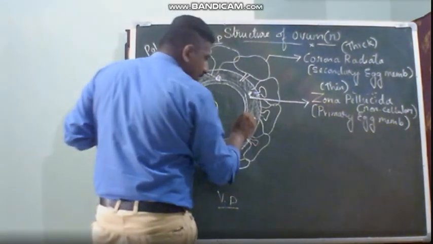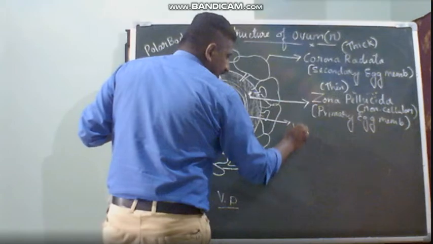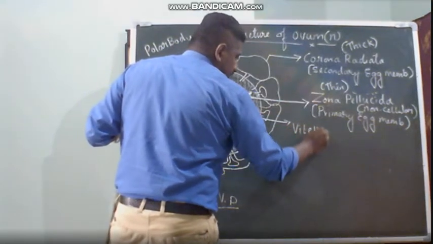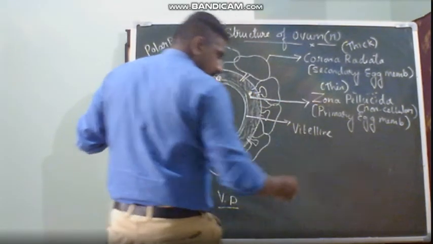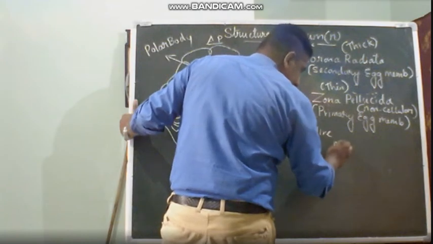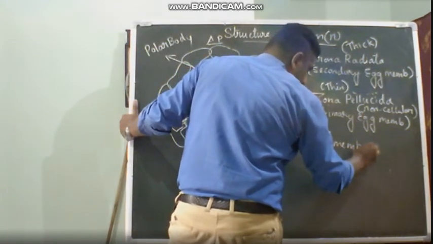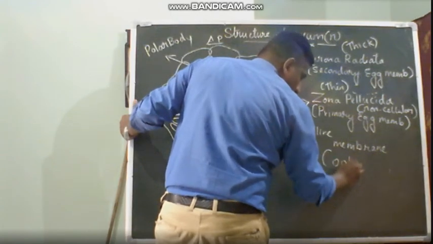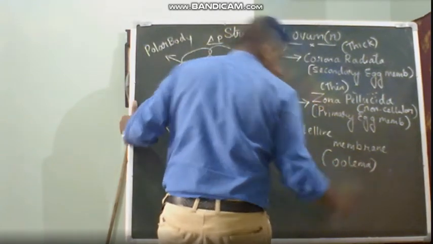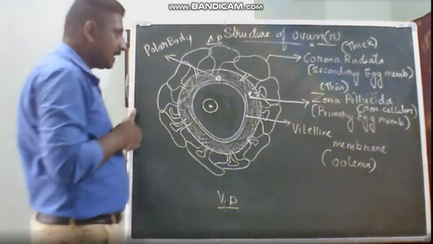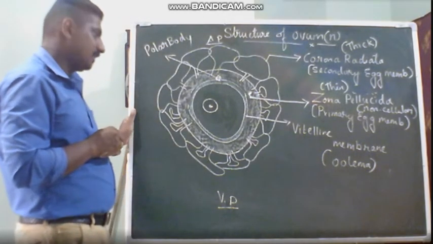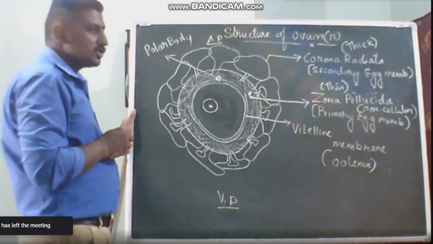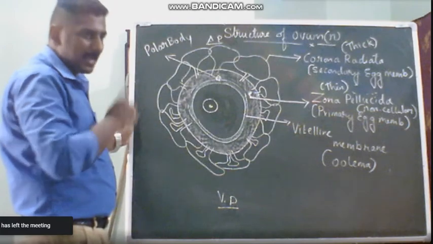Next, another membrane is called the vitelline membrane. The other name of the vitelline membrane is oolemma. That means it's another membrane derived from the egg. The sperm is covered by plasma membrane.